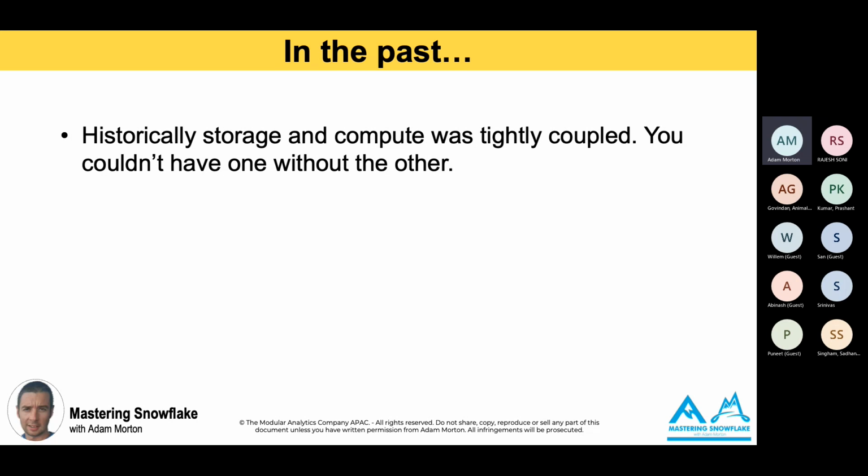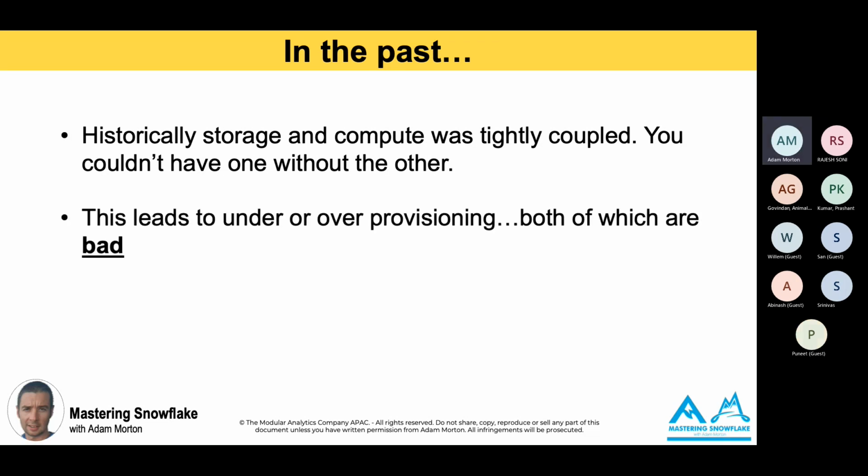And these were the days where we had data centers and we were buying physical kit that needed to be ordered, turned up, and we rack it in our data centers. Now, this led to over or under provisioning resources, and both are bad. And ideally, you'd want to try to avoid either, but that is quite hard.